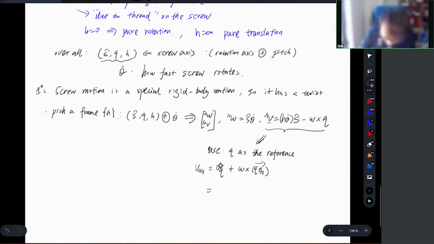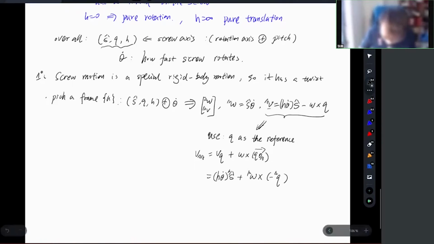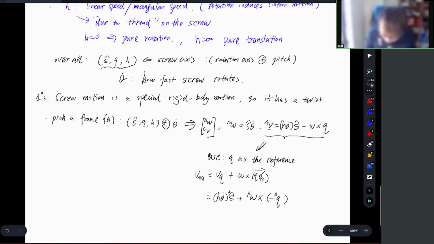And we know V Q does not have rotation motion, only linear motion along that direction. That linear motion has speed h times theta dot, along s hat, plus omega cross this vector from Q to O A, which is actually the negative of Q, the vector representation. If I say everything in the A frame, then we will have this formula. Let's call it A.